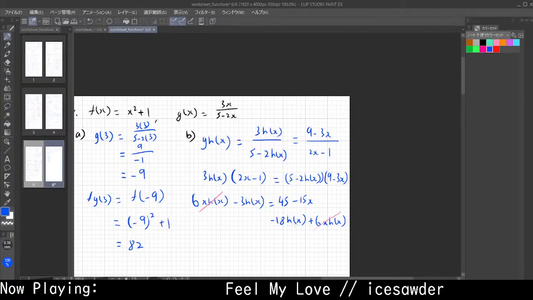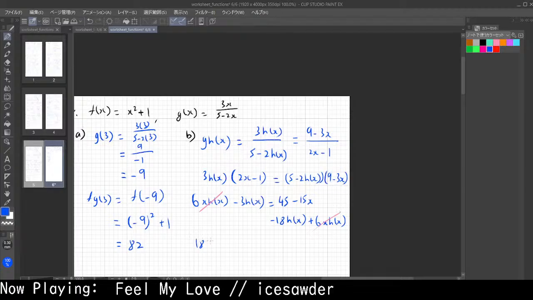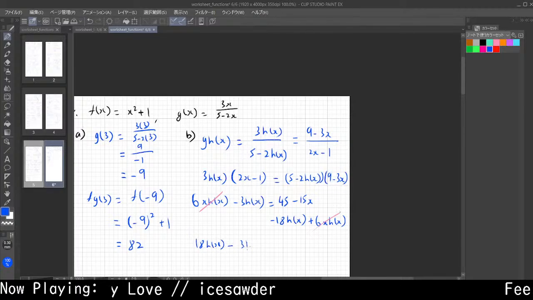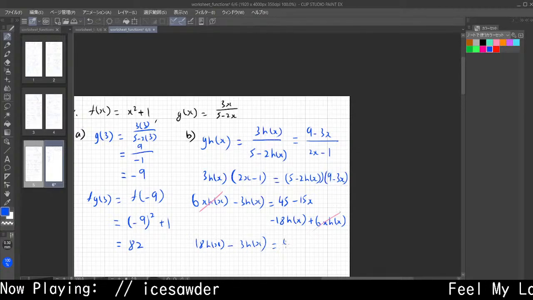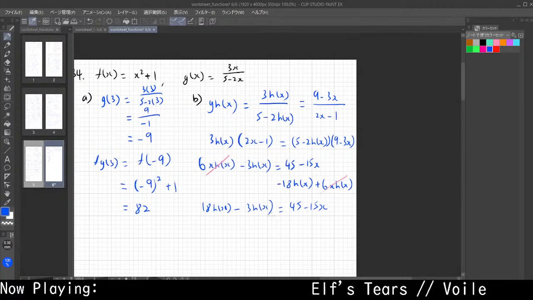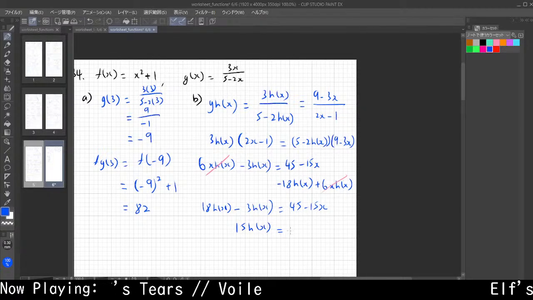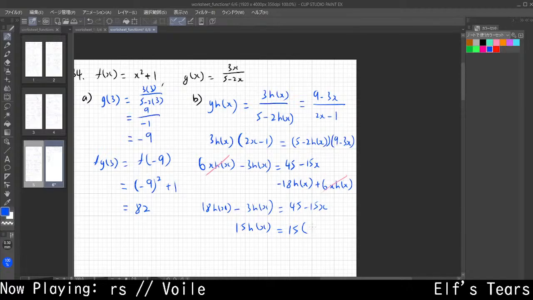So negative 18hx, move over to the left-hand side. I get 18hx minus 3hx equals 45 minus 15x. 18 minus 3 is 15. 15hx equals, you can factorize the 15 out, so you know where this is going.